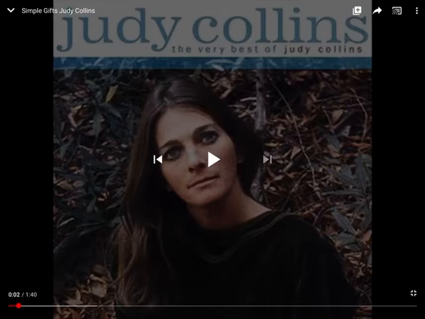And here is her version of Simple Gifts with the words, which are simple to follow. It's the gift to be simple, the gift to be free. Just talking about the beauty and the gifts of simplicity. The melody is simple, the message is simple, being grateful for what you have.